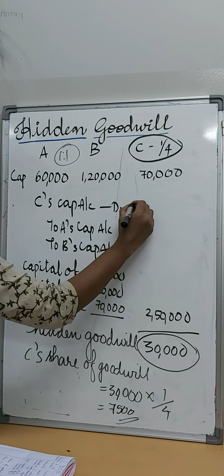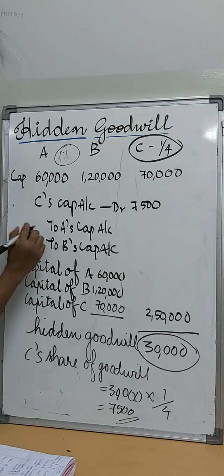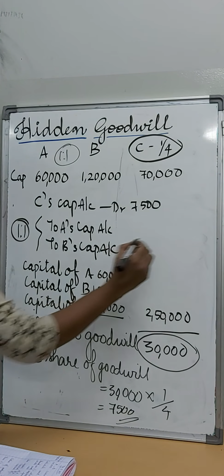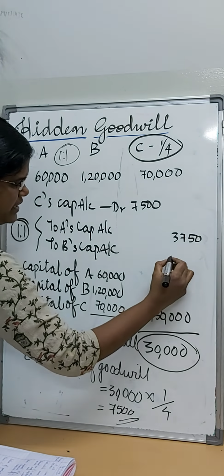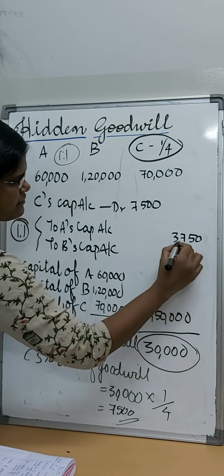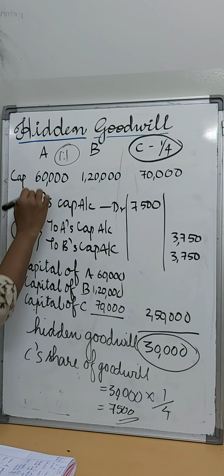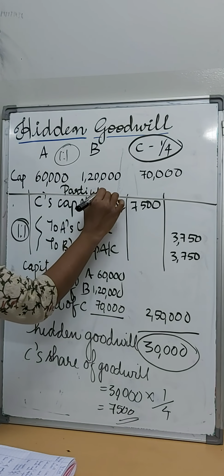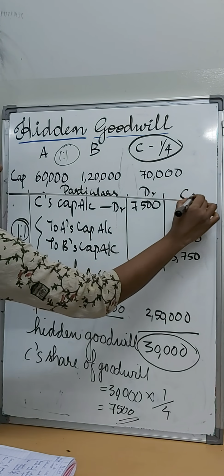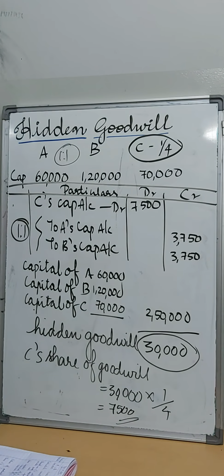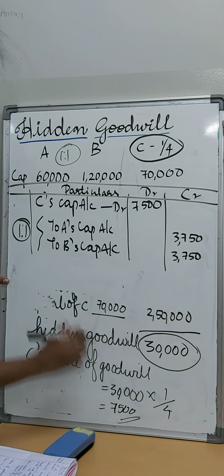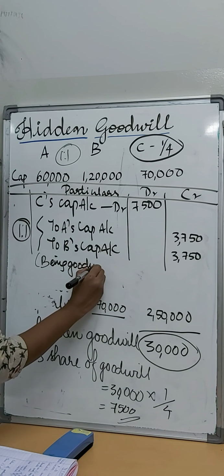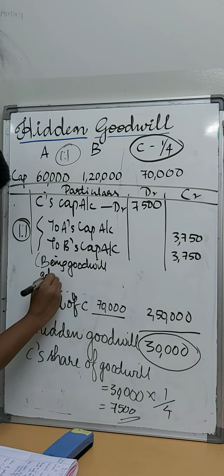So 7,500 comes here, and I am going to distribute it in the ratio 1:1, that is the sacrificing ratio, so that will be 3,750 each. This is the format of the journal: particulars, debit, credit. Being goodwill adjustment.